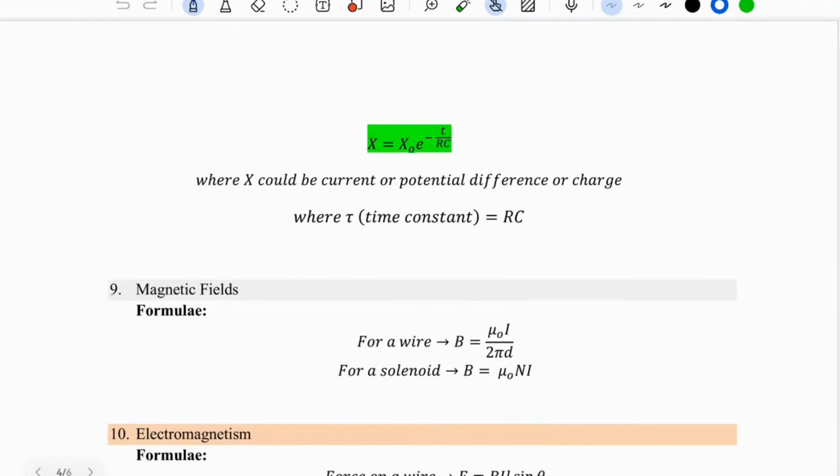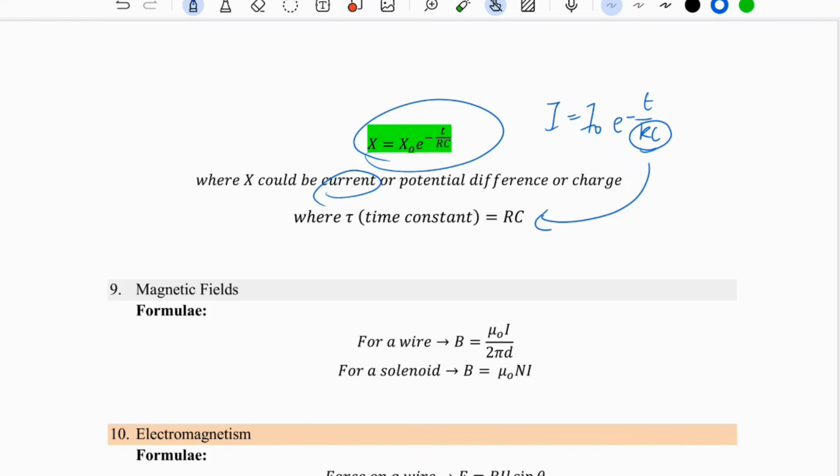So this is the discharge of the capacitor. I put it as X equals X naught, and that is exactly what is given in your data sheet, which is attached to your paper. X could be current, I equals I naught e to the negative t over RC, where RC is your time constant, which we put as tau.